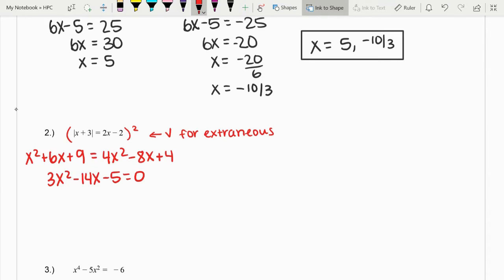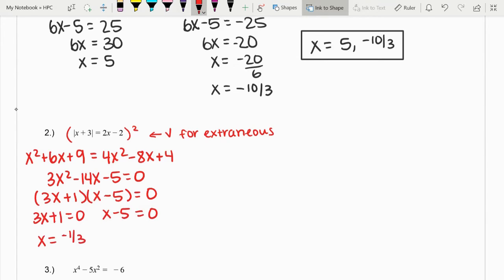Then we can go ahead and factor. So I have 3x plus 1, x minus 5 is equal to 0. 3x plus 1 equals 0. x minus 5 equals 0. Solve both for x. We have x equals negative 1/3 and x equals 5.